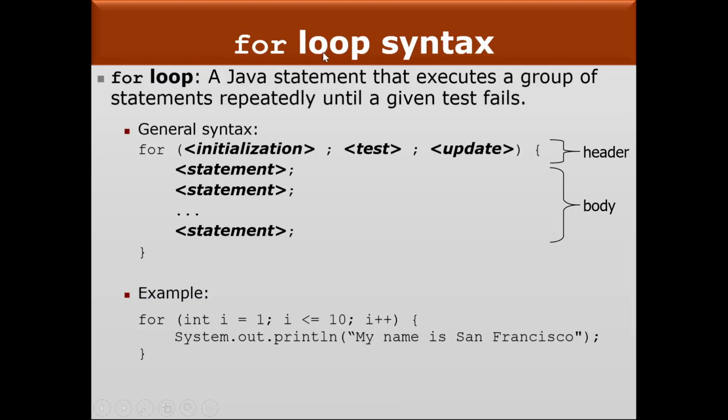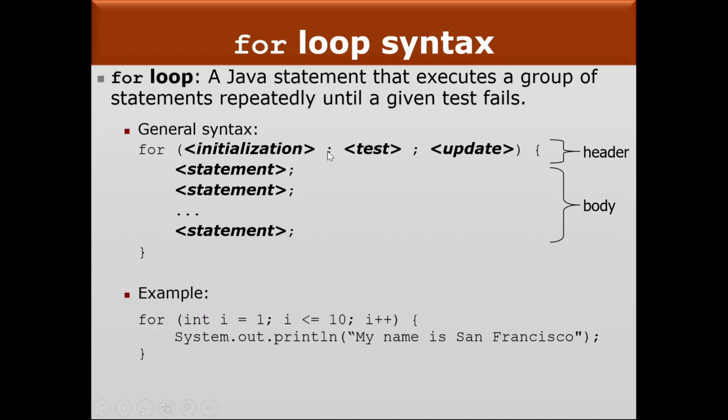Then we have the for loop syntax. The definition: a Java statement that executes a group of statements repeatedly until a given test fails. The general syntax of the for loop is the keyword for and the open and close parentheses.